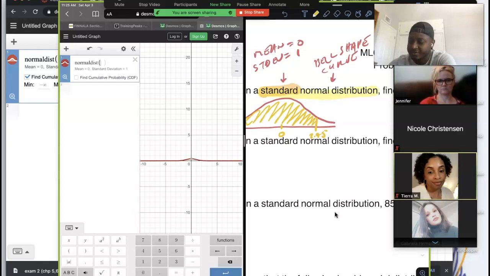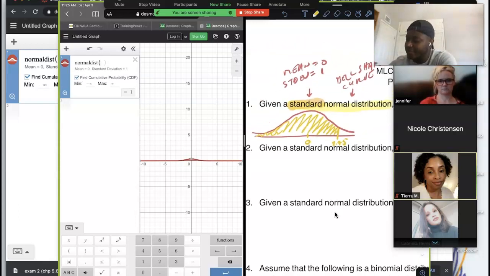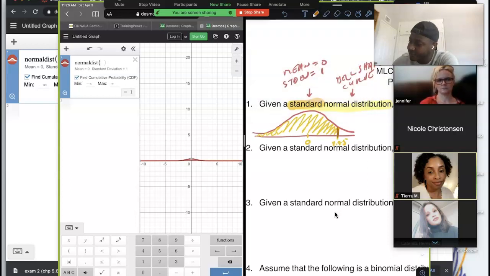Okay. All right. So then we want to find the cumulative probability. The tricky part here is to figure out whether you have the minimum or the maximum. So in this case, we have 2.45 here, and then we shaded everything to the left of that, right?